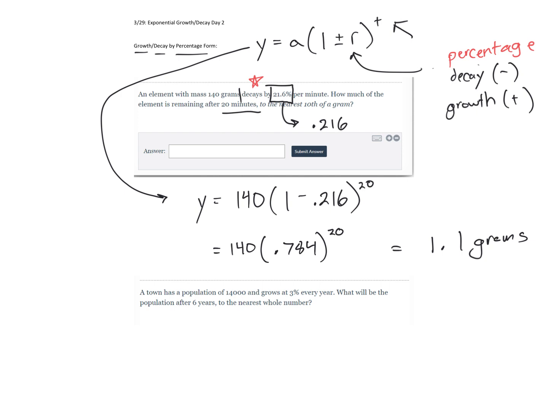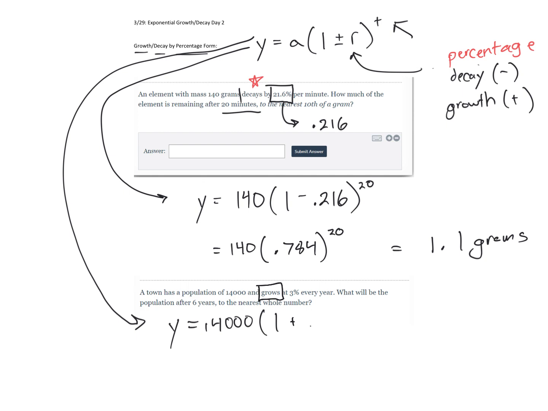A town has a population of 14,000 and grows at 3% every year. So using the format of the equation, y equals, your starting amount is 14,000, yes. 1 plus or minus? Plus, because it says grows. It's not 0.03? It is 0.03, very good.